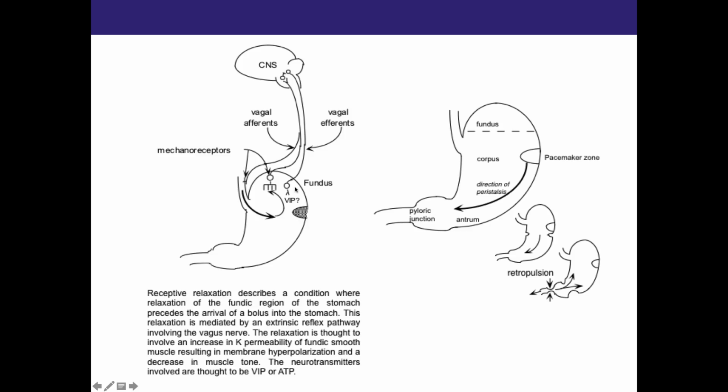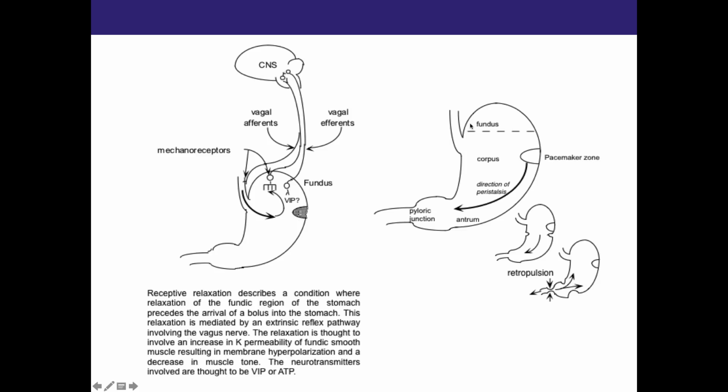being delivered. So it's called receptive relaxation. And this is one that there's always been a question on the exam relating to receptive relaxation. It describes a condition where relaxation of the fundic region, the fundus, precedes the arrival of a bolus of food into the stomach.